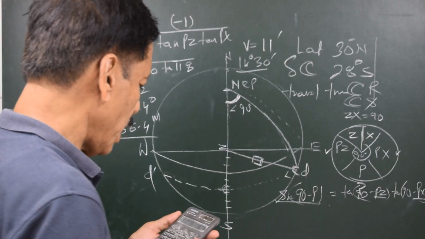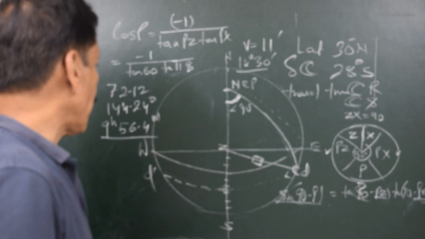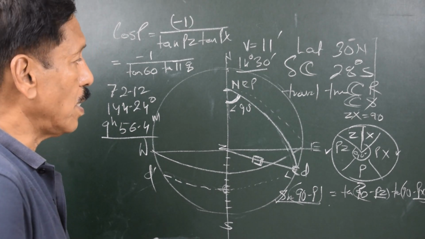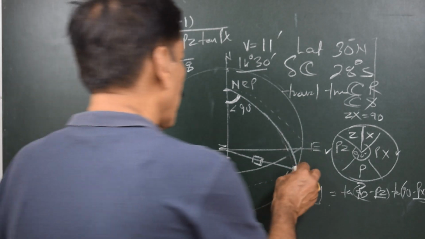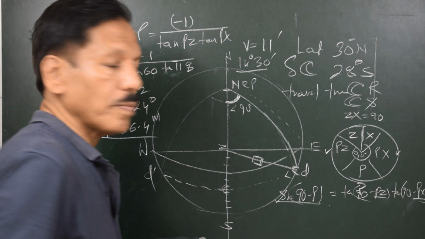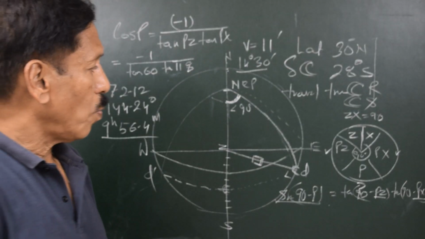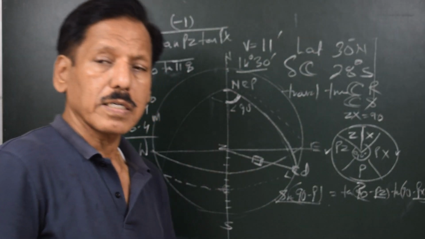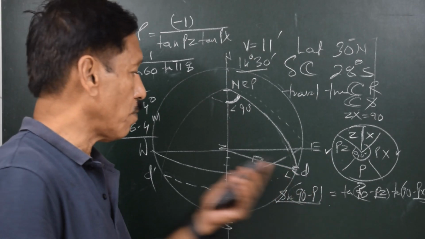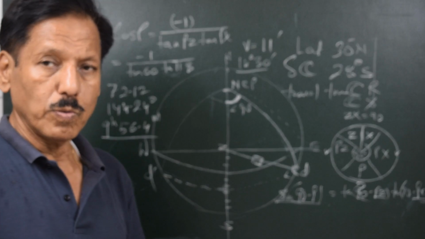So 9 hours 56 minutes and 53 seconds, nearly 9 hours 56.4 minutes. This is the duration from moonrise to moonset. So this is how, when I know at what rate a heavenly body is changing meridian, I can find out the duration from moonrise to moonset.